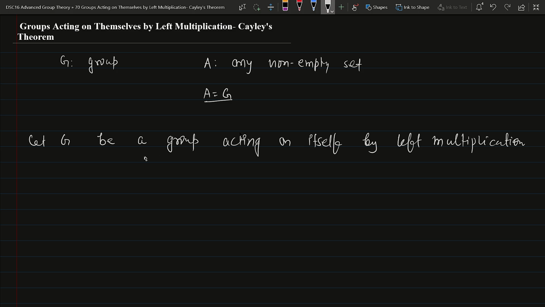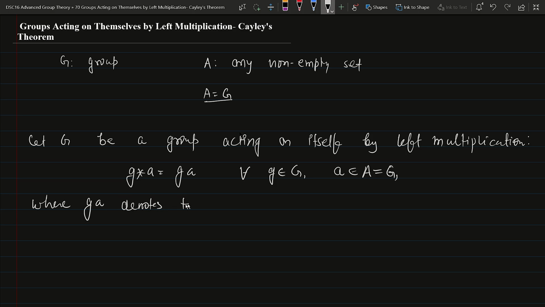Left multiplication, and this multiplication is defined as G star A becomes GA for all G belongs to G, and because what it was acting on we had denoted by A, and now this A is G itself. Okay, where you can see this GA denotes the product of two elements of G.